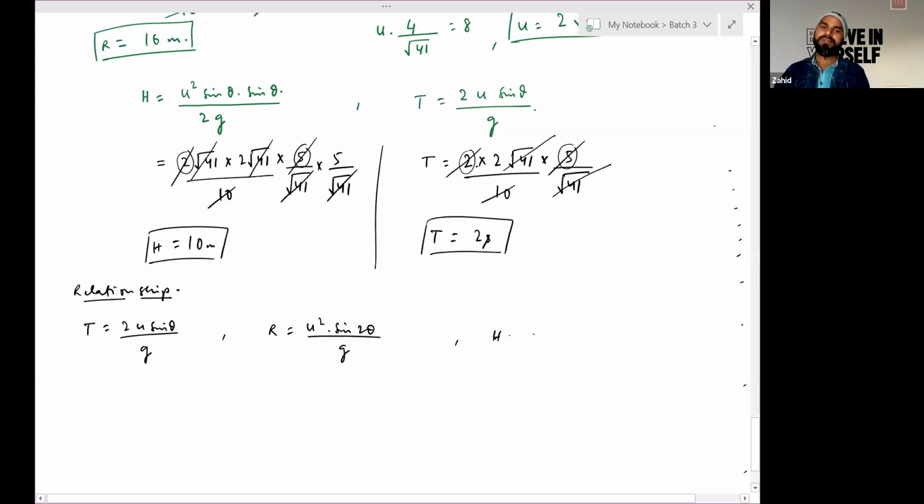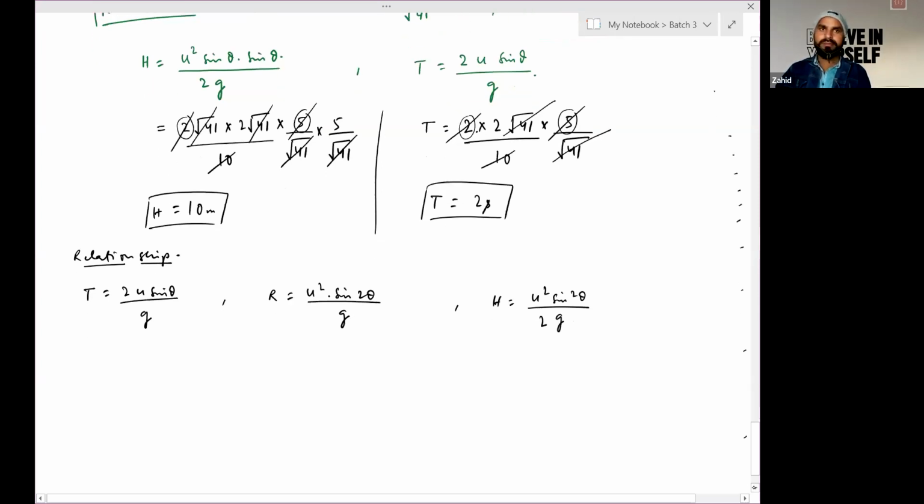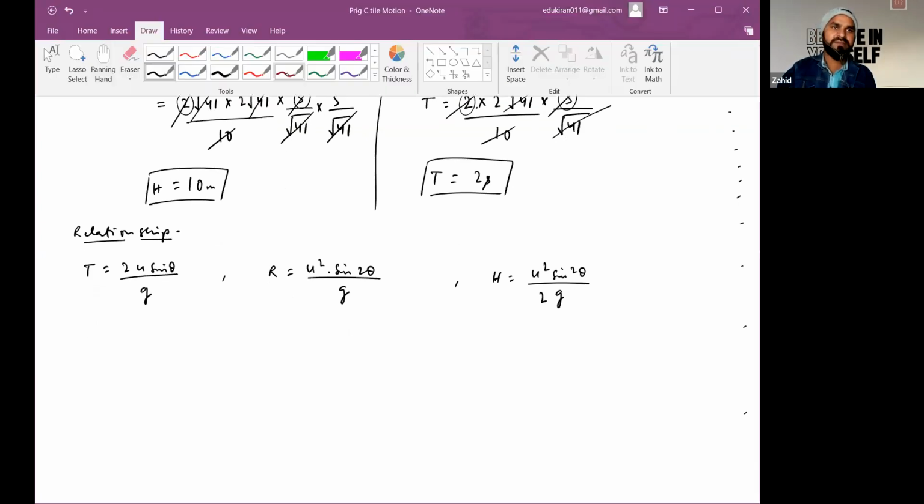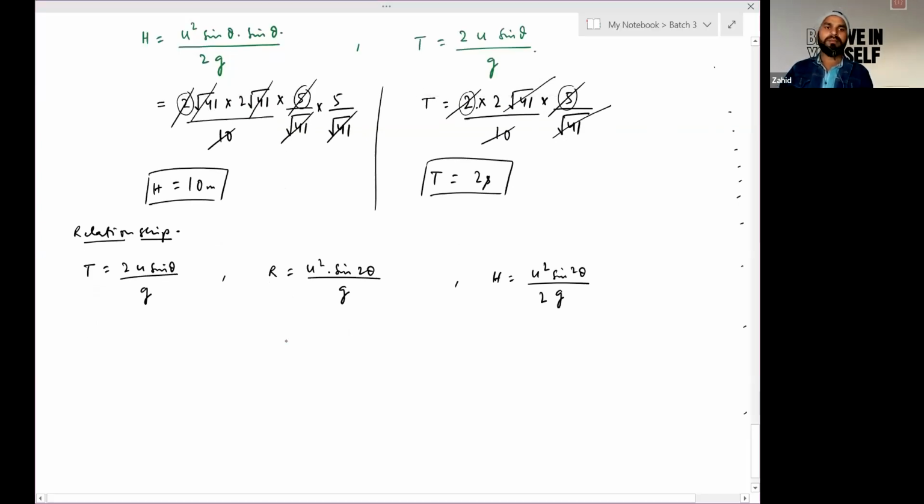And height is equal to u square sine square theta divided by 2 times gravity. So first, try to expand and divide these terms to define the relationship.